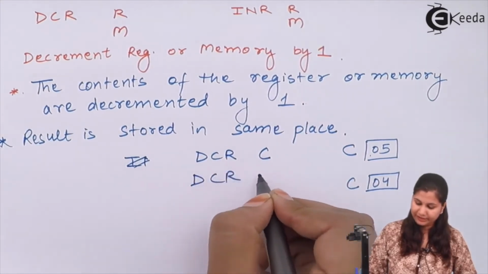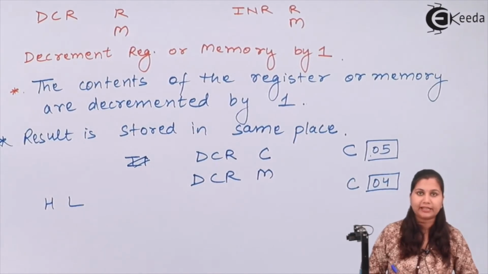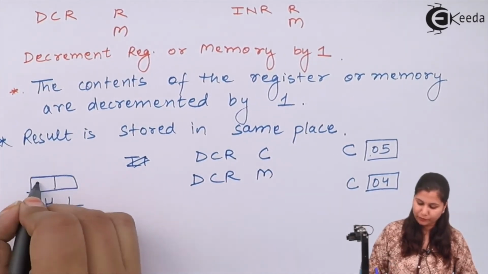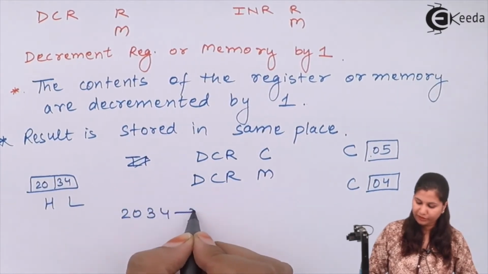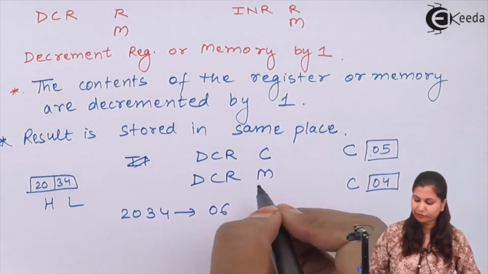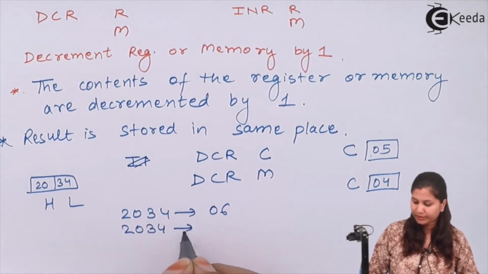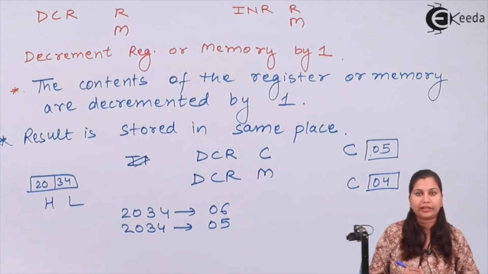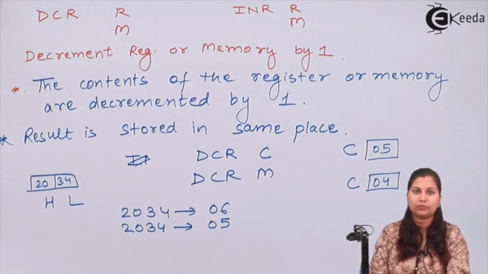Similarly, we can have DCR M, and this address will be specified in the HL register pair. Suppose we have 2034, and at 2034 we have a number 6, then it will be decremented by 1, and now the new data will be 05. So this is how this instruction DCR works.